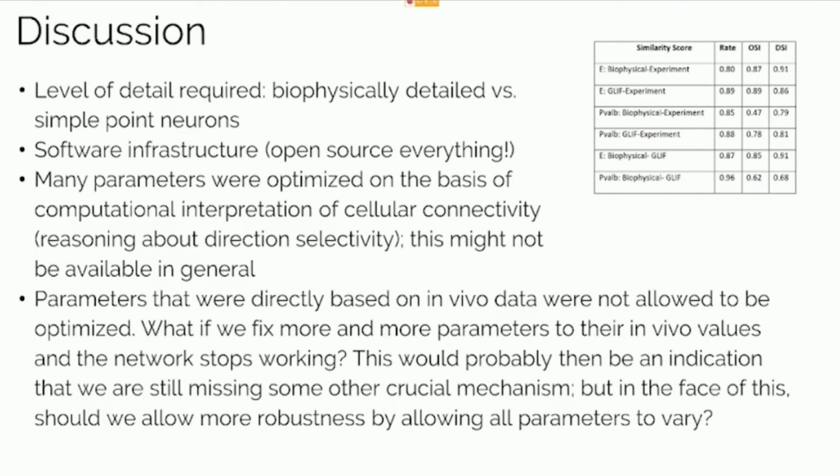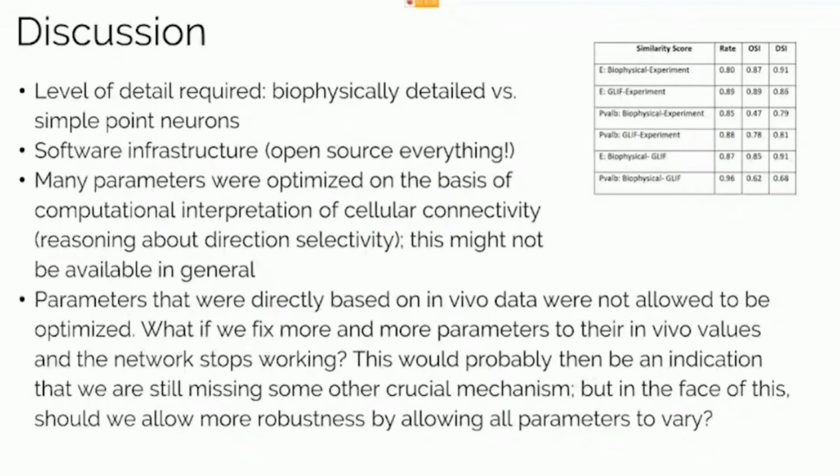Then a final point, parameters that were directly based on in vivo data were not allowed to be optimized. So if a parameter was obtained from the literature, then in the optimization it was fixed or only allowed to be optimized by a factor of 2, so to be reduced a factor of 2 or incremented by a factor of 2. Now, hypothetically, this is looking a little bit into the future.